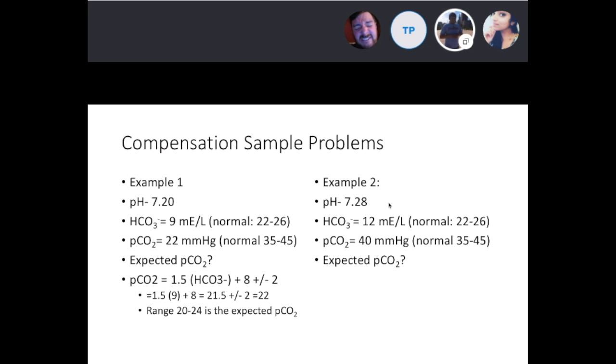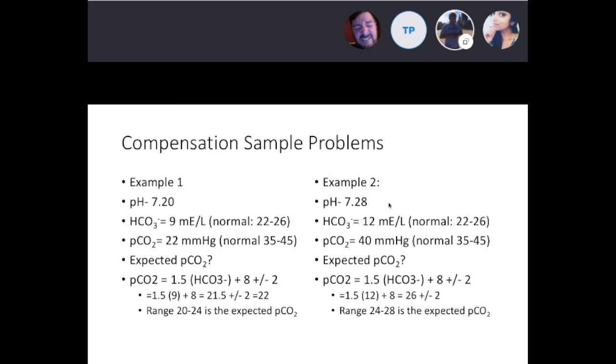Your expected PCO2 in this case, if we plug in the formula, 1.5 times 12 plus 8 is about 26, plus or minus 2. So the expected range should be between 24 and 28. So clearly we have a high PCO2 level here. So in this case, this person has a respiratory acidosis as a secondary disorder with the metabolic acidosis.